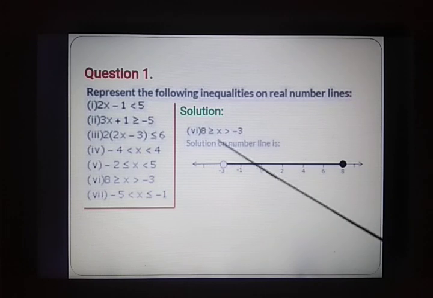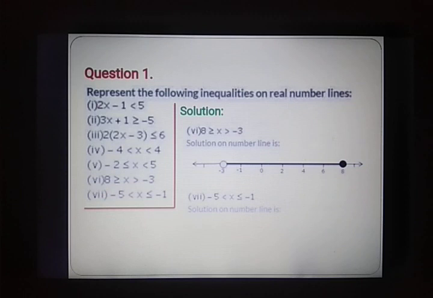Now x is greater than minus 3, so greater than minus 3 means this side, and x is less than or equal to 8, so less than or equal to means this way. So in between these two I have to put a bold line. So this is the solution on the number line for this particular inequality. So pause the video to note down.